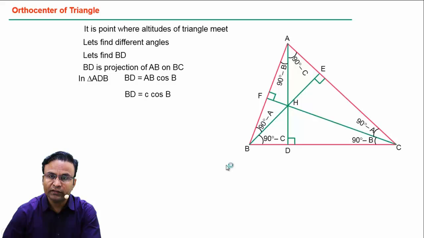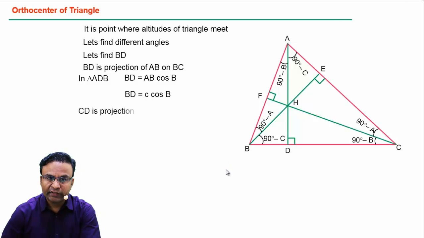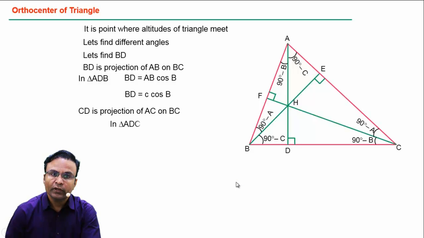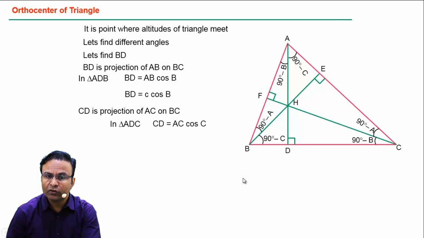Similarly, we can get other lengths. Say CD. Now CD is the projection of AC on BC. To get the length CD, we consider triangle ADC. So from triangle ADC, we have CD is equal to AC cos C, that means B cos C. So we can find all other lengths which are projections.